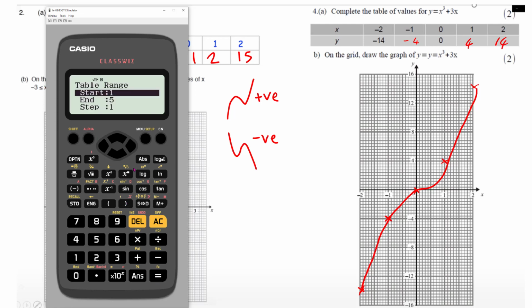Because we can start at -2, end at 2, and change the step to 0.5 so we can exactly see what's going on. And if you compare the values, that is a decent graph.